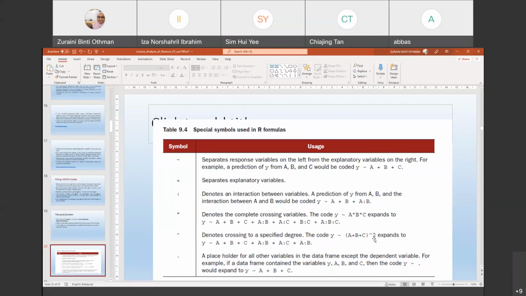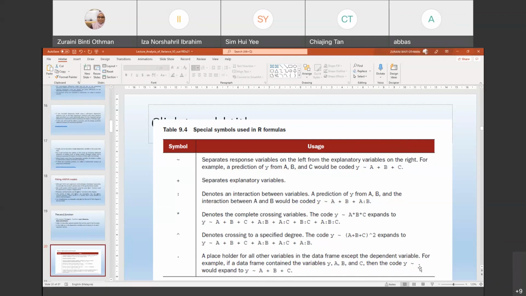Okay, meaning that if we have it like this, we expand it, we have this. This is what we want to measure. Then dot: if we have dot, Y depends on dot, meaning that if the data frame contains A, B, C, then instead of using A, for example, if we have a lot of factors, around 100, we don't have to put A, B, C, D, A1, A2, A3 until 100 factors.